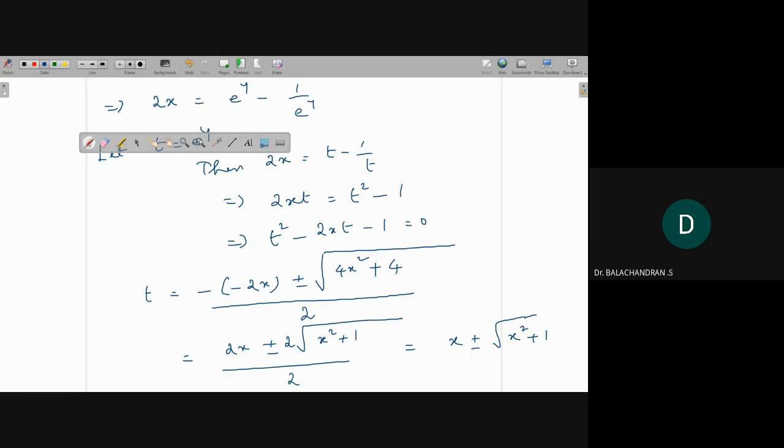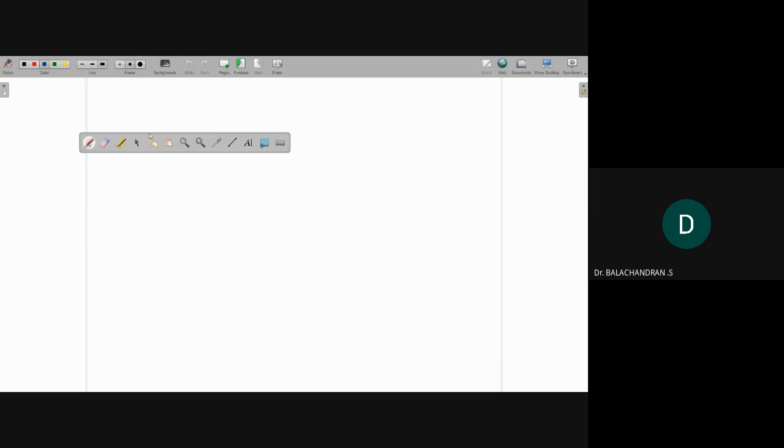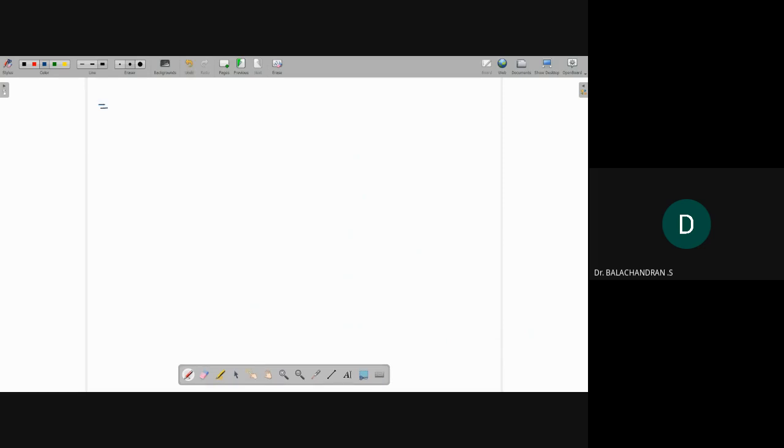But t is e to the power y. So e to the power y equal to x. Actually, e to the power y is always positive, so that's why I'll take the positive side here: x plus root of x squared plus 1. So this implies y equal to log base e of x plus root of x squared plus 1.